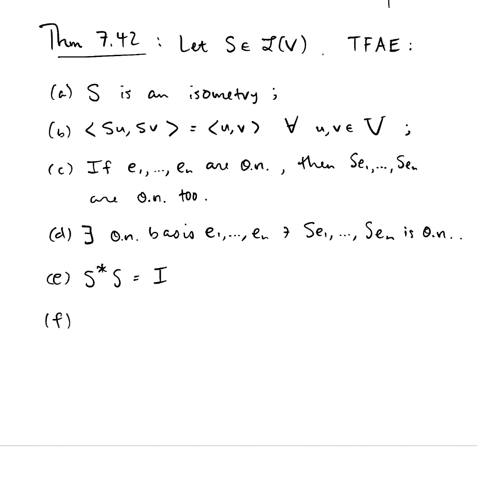Thing F. S S star is just the identity. Thing G, S star is an isometry. So that's nice. S is an isometry if and only if S star is an isometry, if we believe in this theorem.